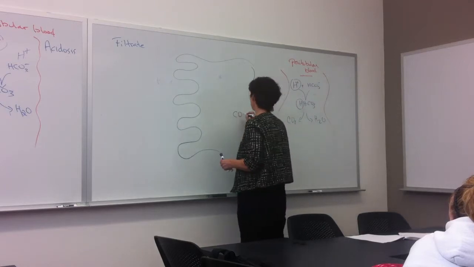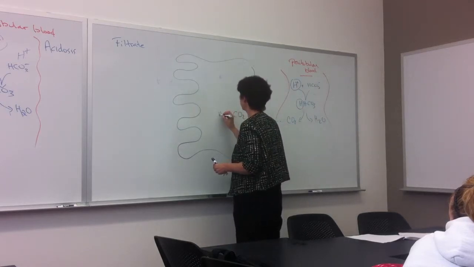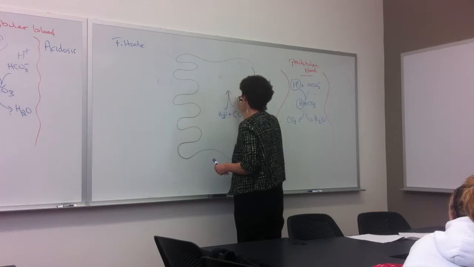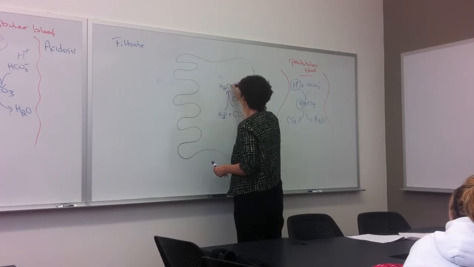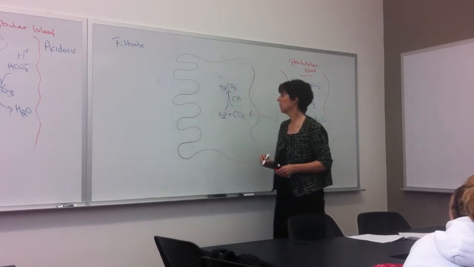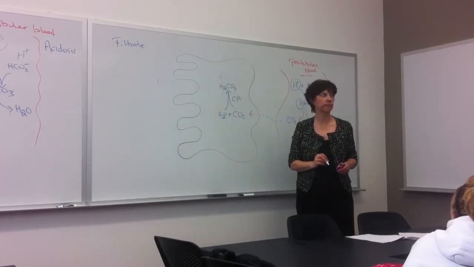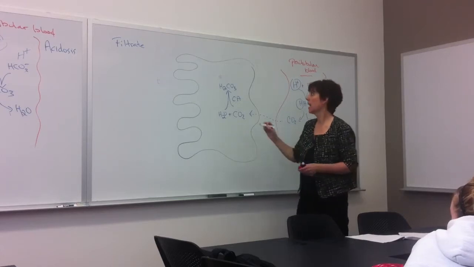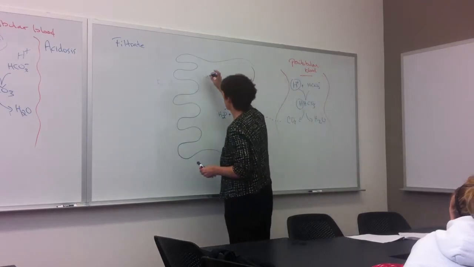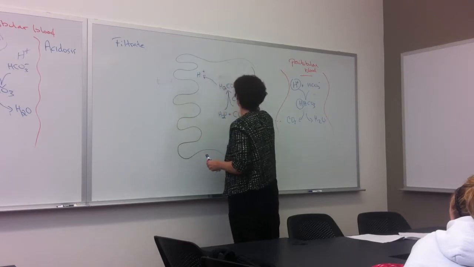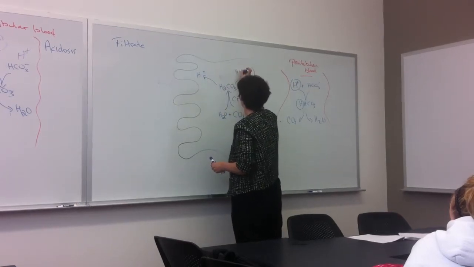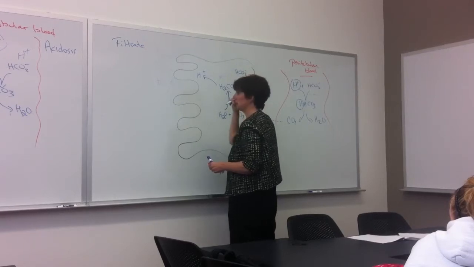So now the CO2 plus water already in the cell, using carbonic anhydrase, forms carbonic acid. That dissociates, as we saw over here, to form a hydrogen ion and to form a bicarbonate ion.